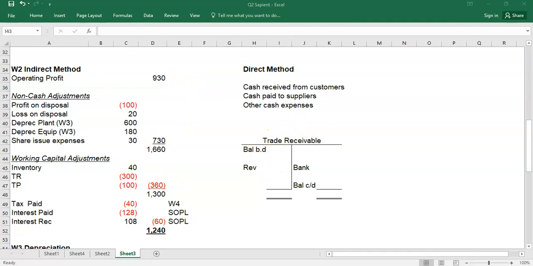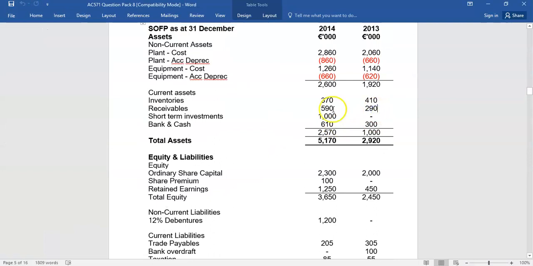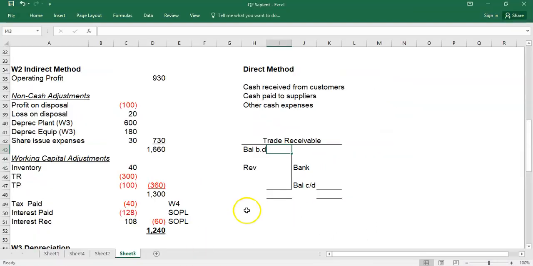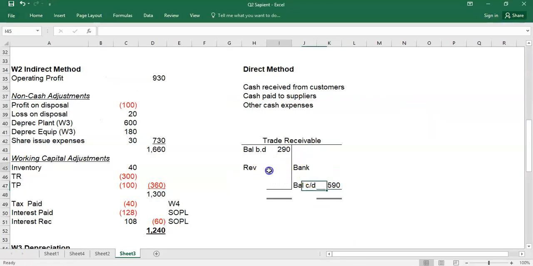So trade receivables opening in this case was 290, closing was 590. So 290, 590, and your revenue for the year was 4020. So we're saying if we got paid nothing from our customers, we should be owed 4310 at the end of the year.